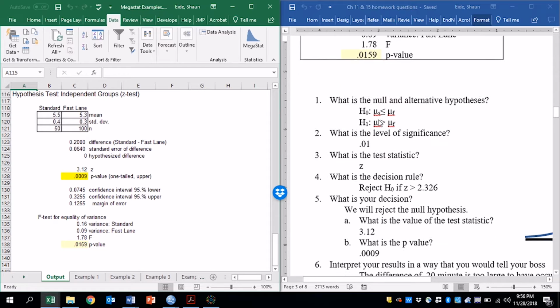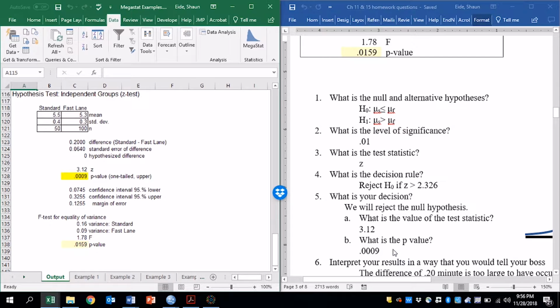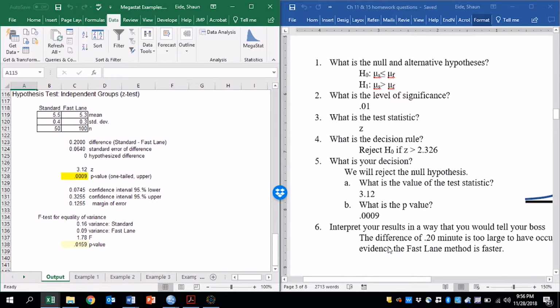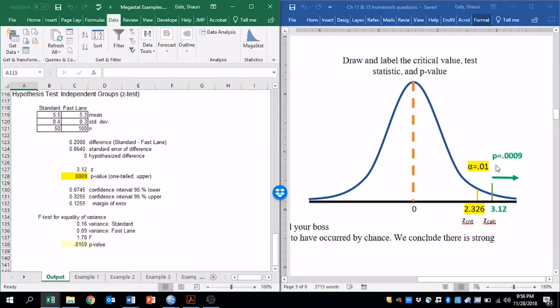And so we put the p-value right here, and that is the probability of randomly getting a z-score of 3.12. So we come over here, we plot 3.12, the probability of that is 0.0009.